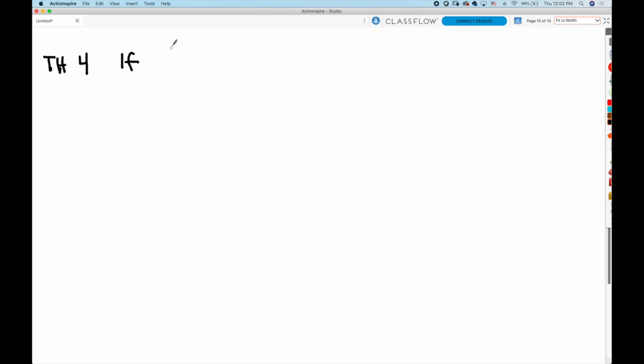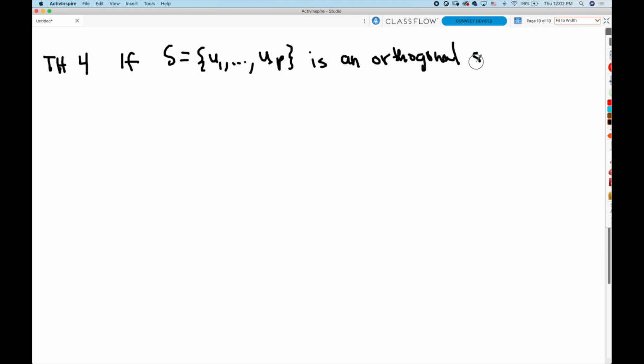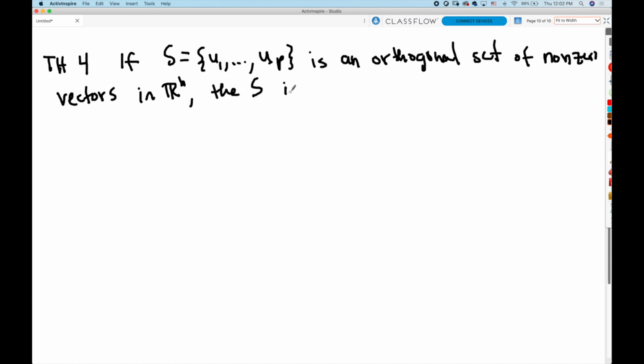It says if S, a set u1 to up, is an orthogonal set of non-zero vectors in Rn, then S is linearly independent.